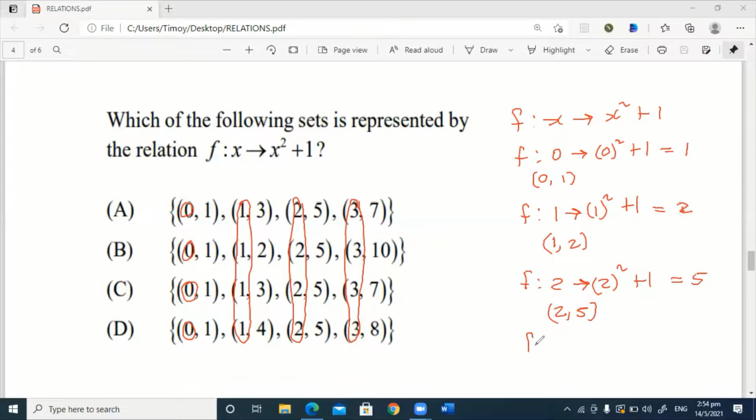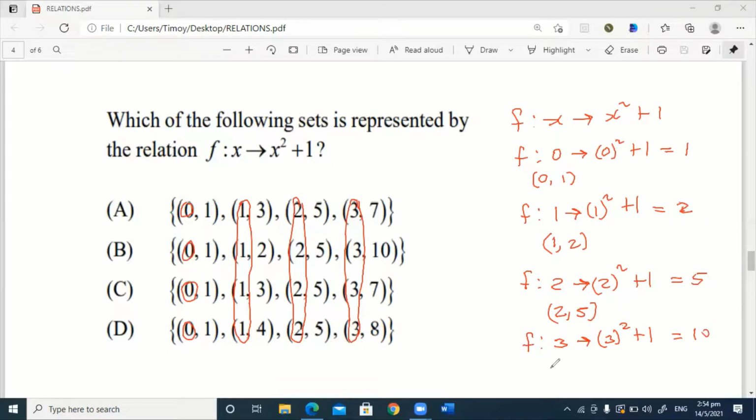So when x now is 3, what does it map onto? When x is 3, we plug this into the function. It's going to be 3 squared plus 1. What's 3 squared plus 1? 3 squared is 3 times 3, which is 9. 9 plus 1 is going to be 10.